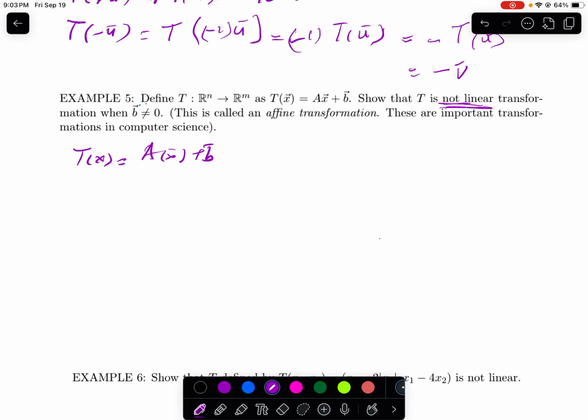So now, in order to show or check whether it is linear or not, we start with the two conditions that we have.